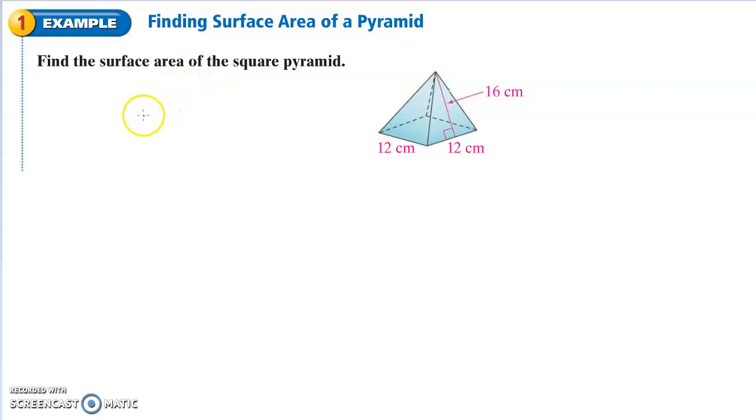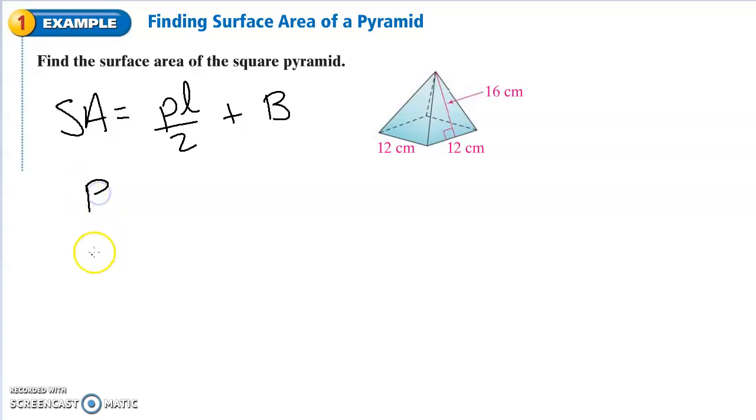Okay, so for this problem, we're going to go ahead and look back at our notes, and we're going to establish that the surface area of a pyramid is the perimeter times slant length divided by 2 plus the area of the base. The 3 things we need in order to solve this problem are perimeter, slant length, and the area of the base.